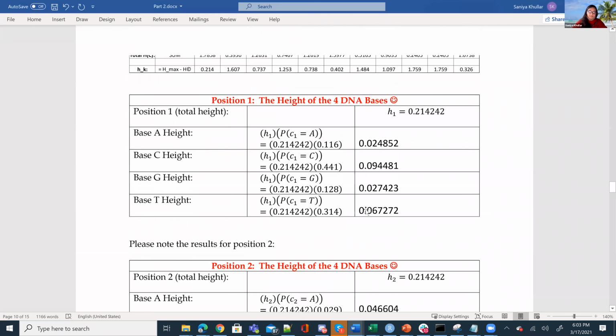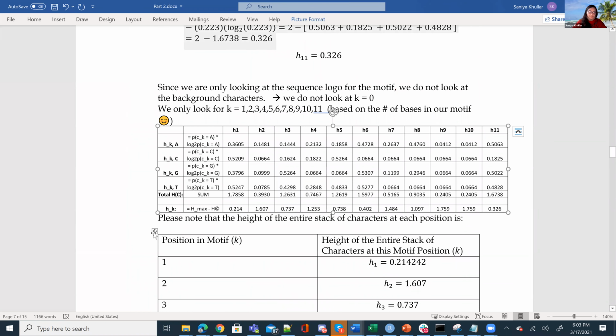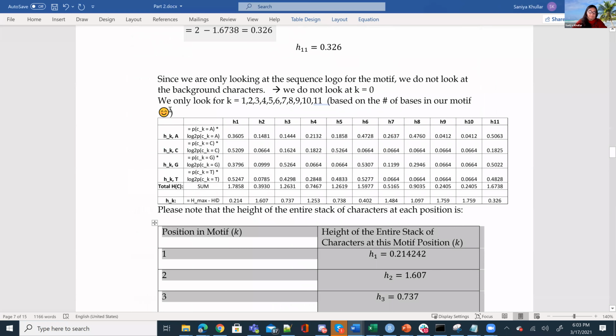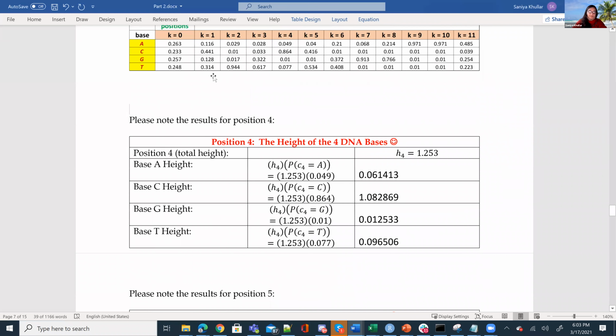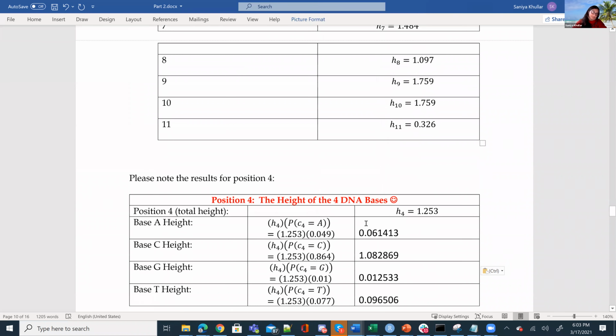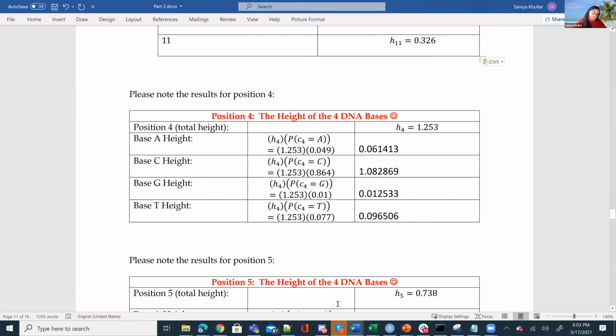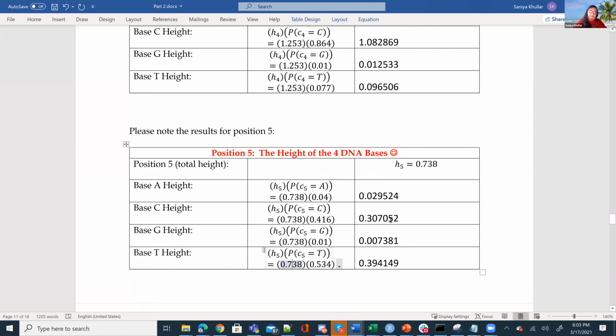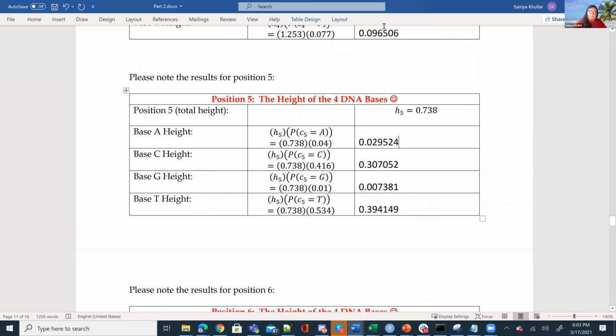You can take this matrix, get this table, and from this table and this table, you'll be able to get each of these contributions. And the same for position 5. We plug these heights in here and here, and you get the heights, and when all of these are summed together, they will give you this.